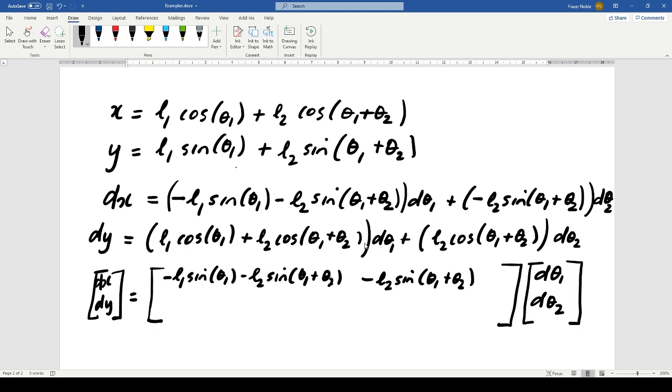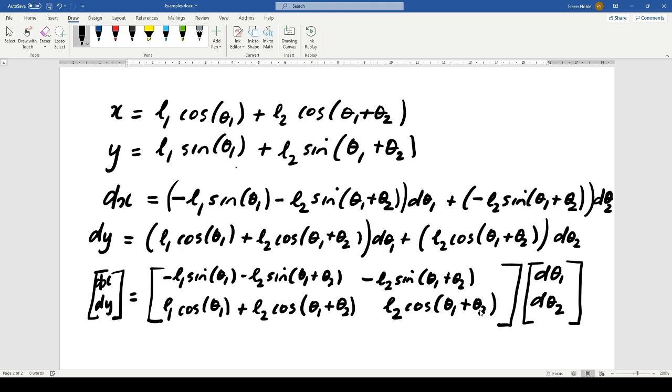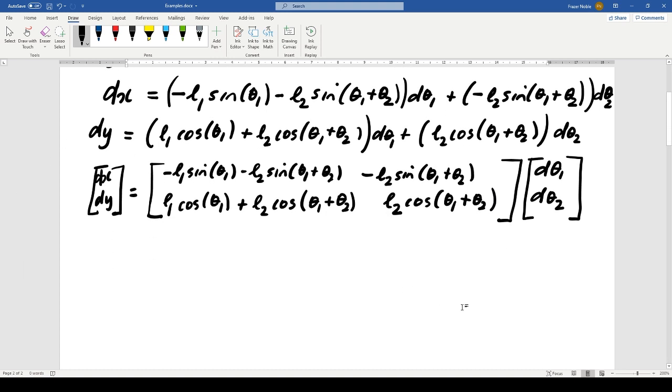And our second row then becomes L1 cosine theta 1 plus L2 cosine theta 1 plus theta 2, and then L2 cosine theta 1 plus theta 2. So this 2 by 2 matrix that we have at the end here, this matrix is the Jacobian.